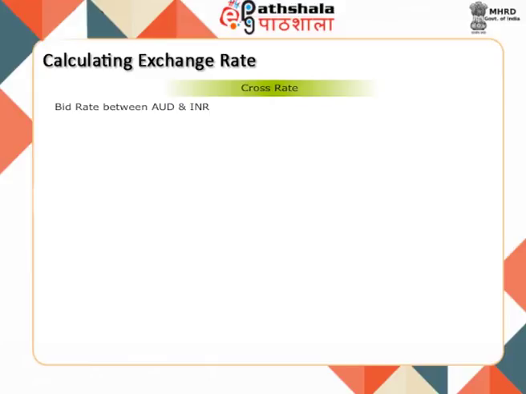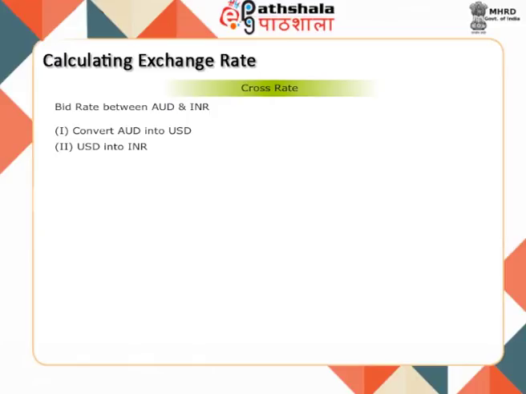The bid rate computation can be easily understood from the point of view of an exporter who has received AUD as his export earnings. The Indian exporter would want to convert AUD into INR, but as direct quote between these two is not available, he first converts AUD into USD and then USD into INR.